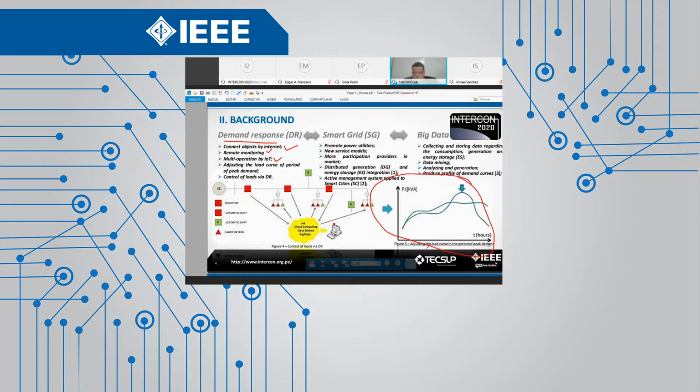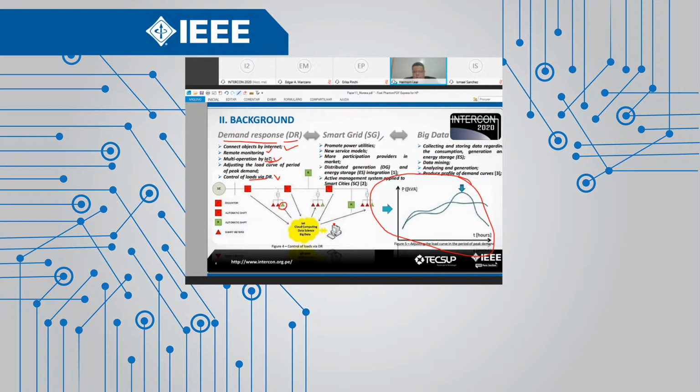We have an adjusting load curve in the period of peak demand, and control loads via DR, demand response, all right? For example, if we have consumers like residential and commercial, these loads can be controlled by IoT devices.